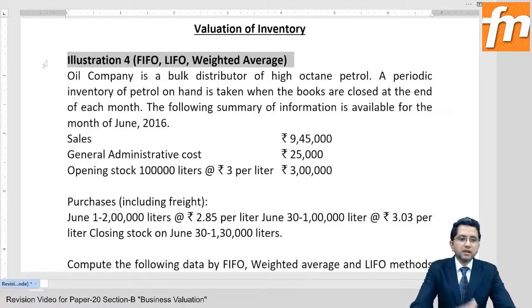Suppose my opening inventory was valued at 100 rupees. During this year, I keep on making purchases at 101, next month 103. Next month, my purchase price is 107 rupees. Next month, 108 rupees. Next month, 110 rupees.